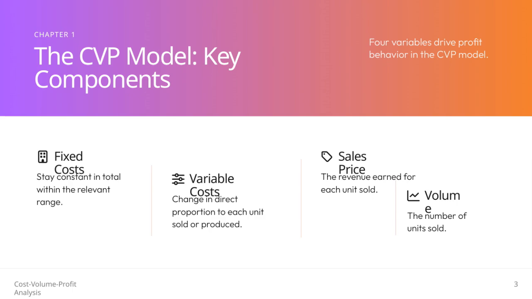Next, variable costs, which move directly with the number of units produced or sold. They increase or decrease in direct proportion to volume. Then we have the sales price, which is simply the revenue we earn for each unit sold. Finally, volume represents the number of units sold. Understanding how these four variables interact helps us analyze and predict profit behavior effectively.